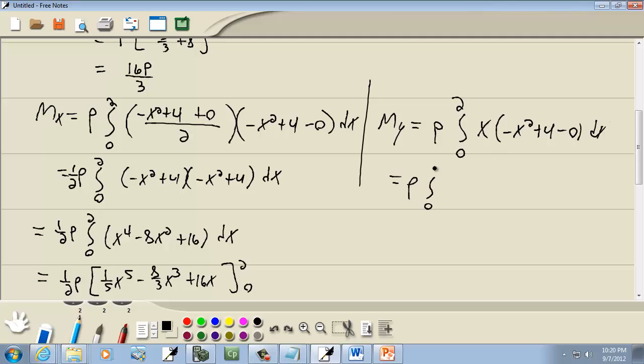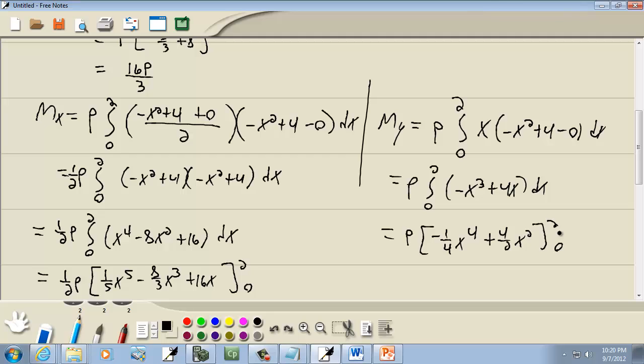So that's going to give us rho from 0 to 2, and let's see, negative x to the 3rd plus 4x dx. Add 1 to our power, divide by our new power, so that's negative 1/4 x to the 4th plus 4/2 x squared, 2 to 0.